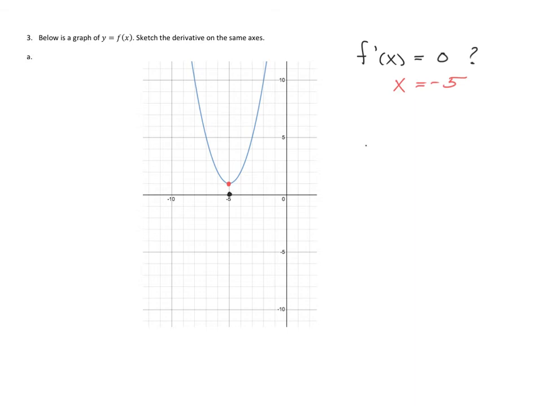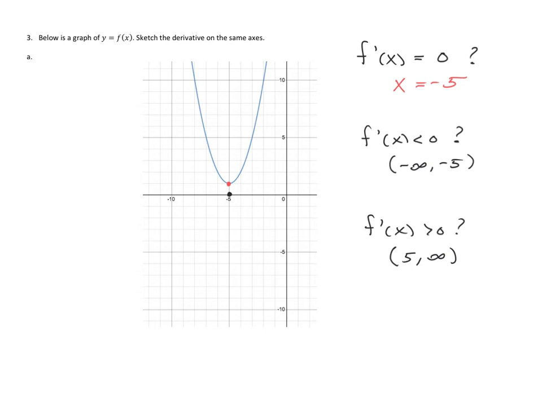Where is the derivative negative, and where is the derivative positive? Wherever your function is decreasing, the derivative is negative. So that's going to be on the interval from -infinity to -5. And then it's increasing from -5 to infinity, so it's positive on -5 to infinity.